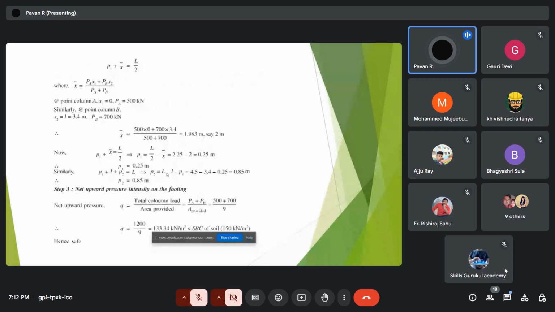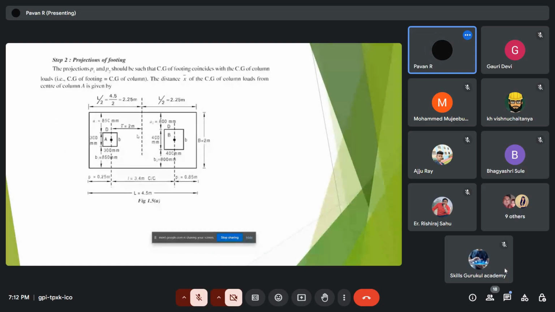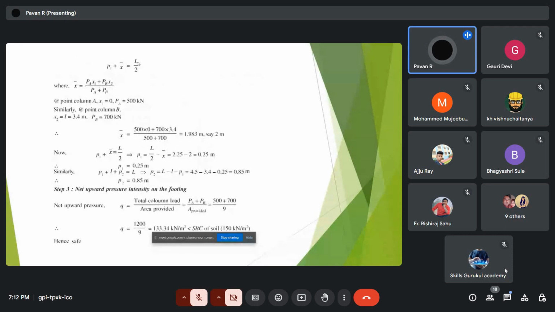We calculate using these formulas, that is P1 plus X dash is equal to L by 2. The CG of the footing is taken to lie at the center of the entire column. So L by 2 is the center of the footing, and using these two formulas we can work out the values.